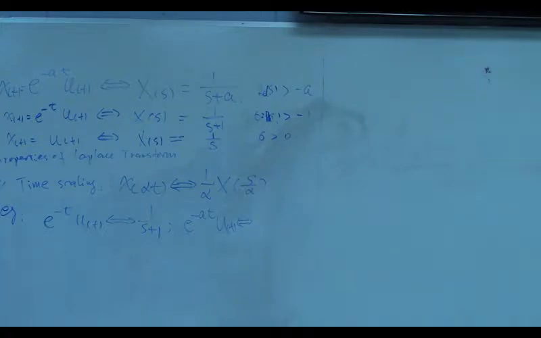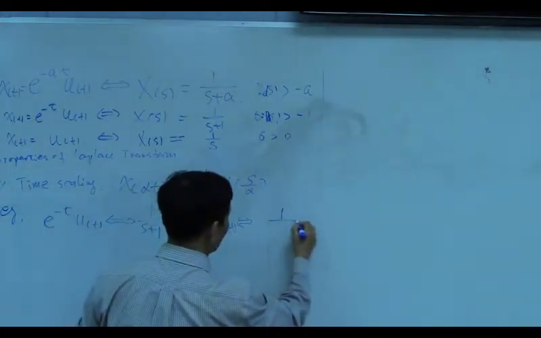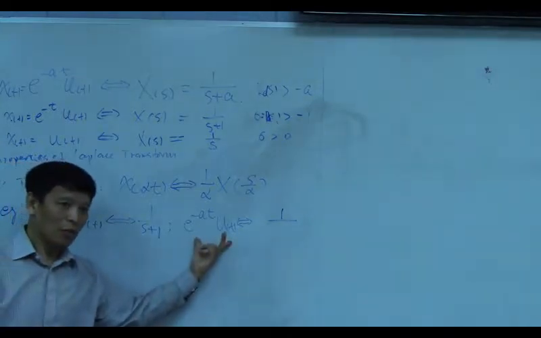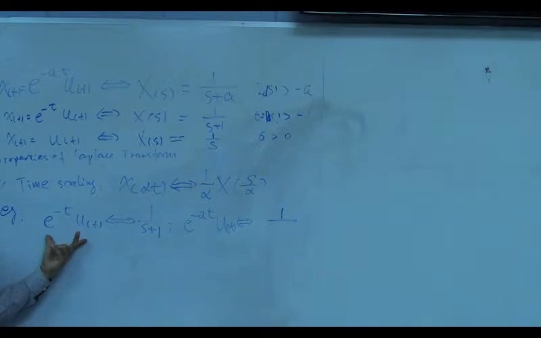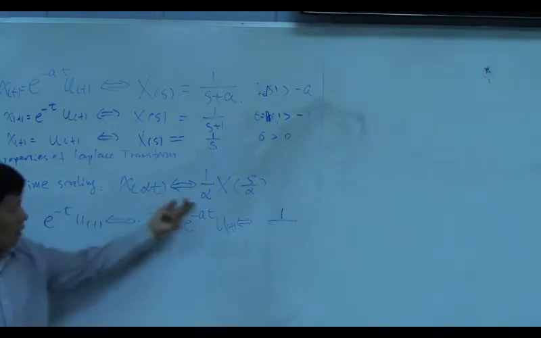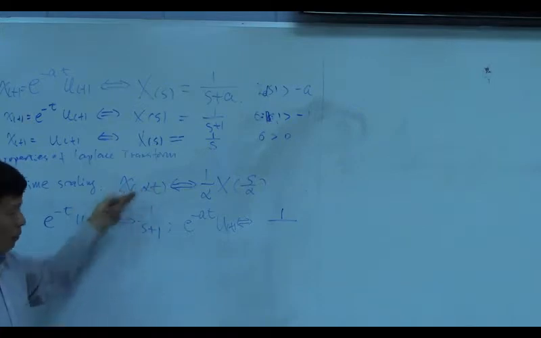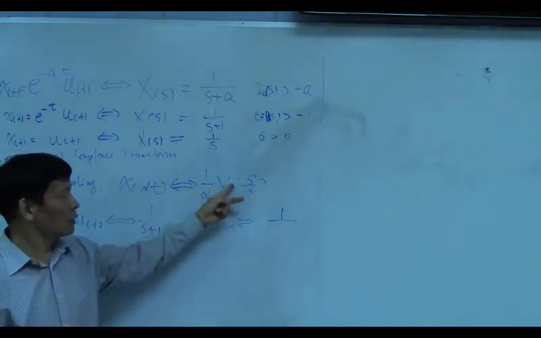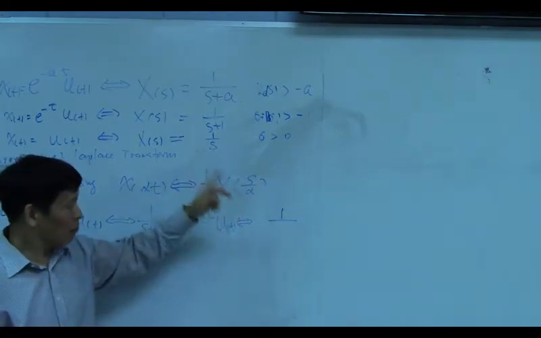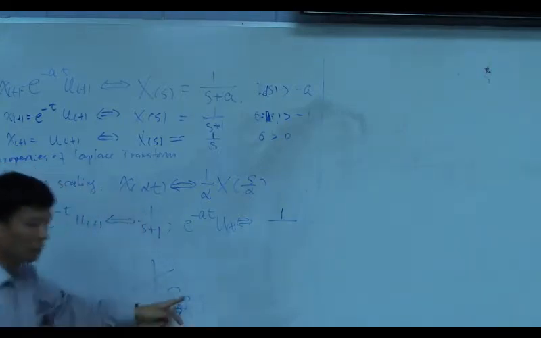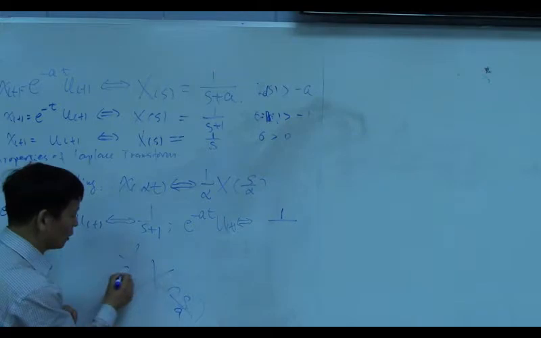So it's going to be 1 over negative a. Okay, we look like this. We know this function is derived from this function. How to get this? Multiply t with a constant a. So that is exactly this property here. So the Laplace transform of this function is the original Laplace transform, but the s is replaced with s over a, then divided by a.